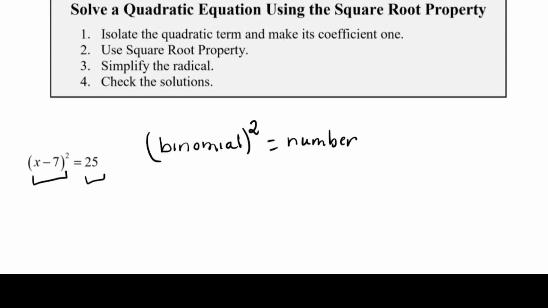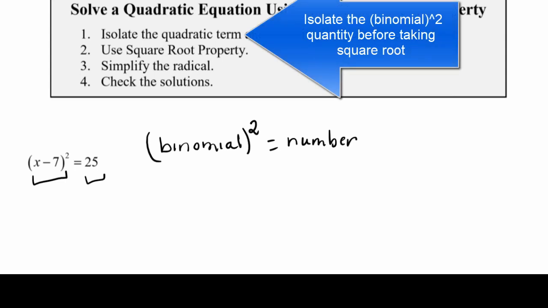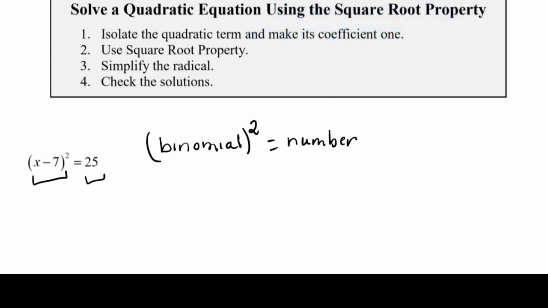So anytime that you have something that looks like this, we can apply the square root property. You're going to want to get this binomial squared isolated, just like previously we isolated the quadratic term before we took the square root of both sides. So this particular problem is already set up for us to go ahead and use the square root property.